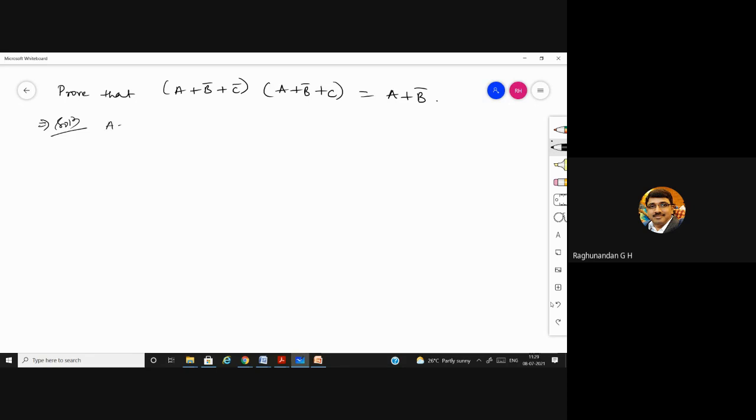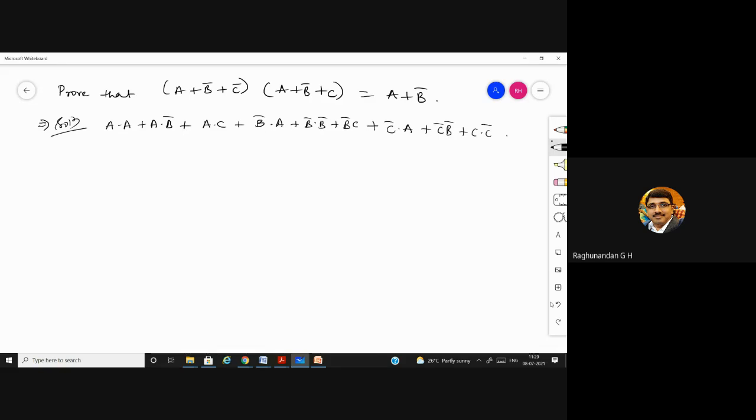So A into A plus A into B bar plus A into C plus B bar into A plus B bar into B bar plus B bar into C plus C bar into A plus C bar into B bar plus C into C bar.